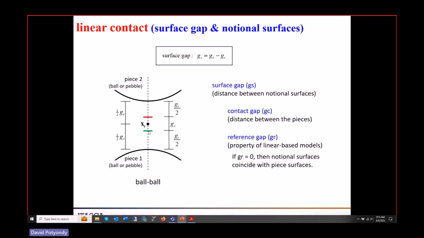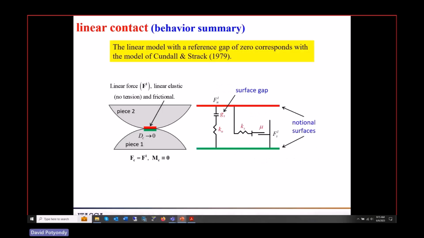It's as though the surface was bigger or smaller. For example, this would be used if you have initial overlap of particles. By setting the reference gap appropriately, even though they are overlapping, as far as the system is concerned, they're not overlapping and they're just perfectly touching. That's the idea of this reference gap, this surface gap we can specify.